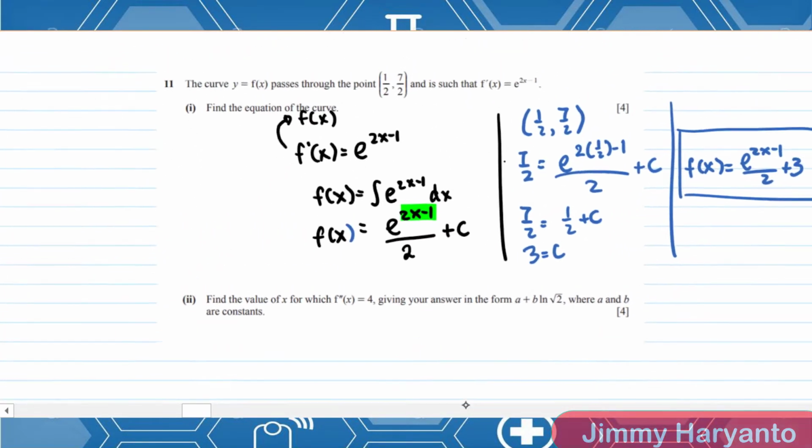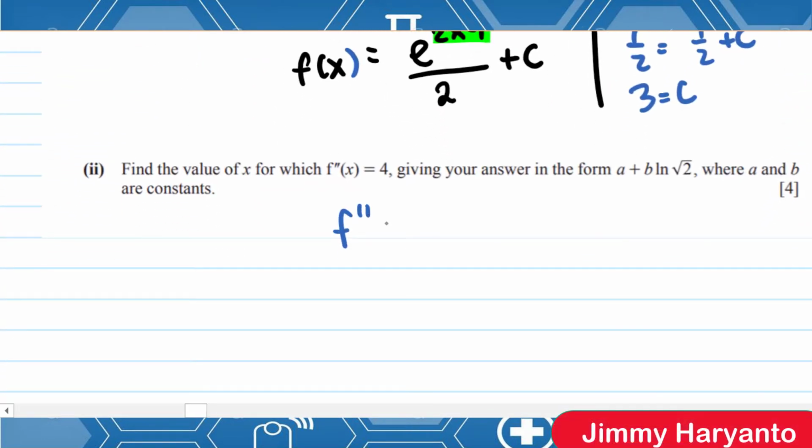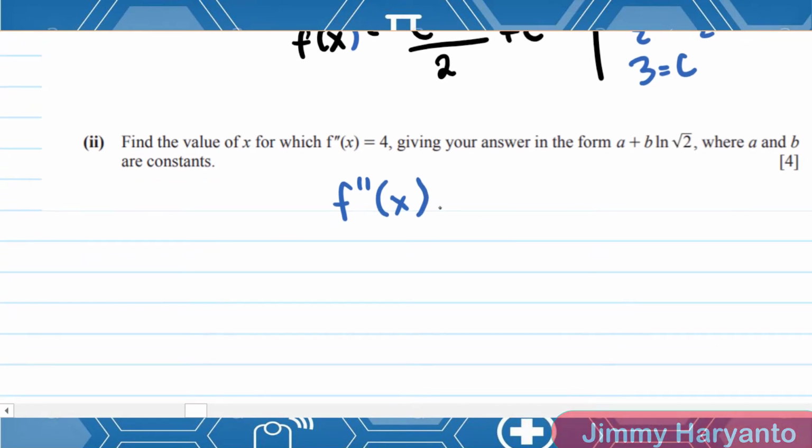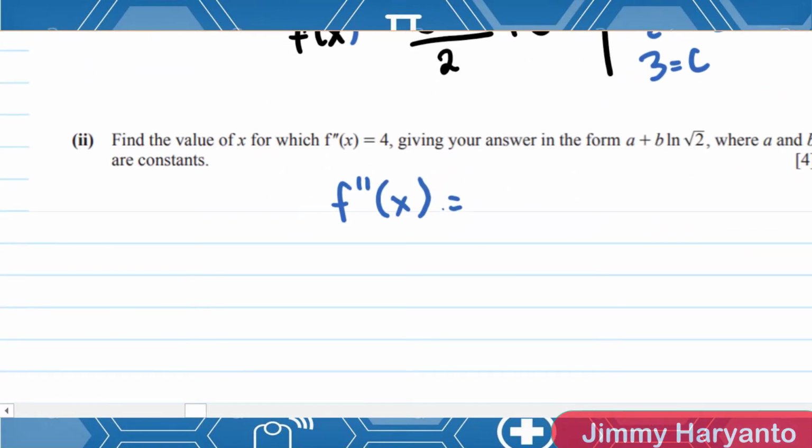Next, f double accent means the second differentiation of f(x). So if we have f'(x), the differentiation of e to the power of 2x minus 1 is e to the power of 2x minus 1 times the differentiation of the exponent, which is 2.